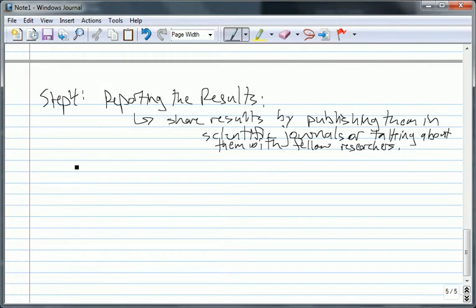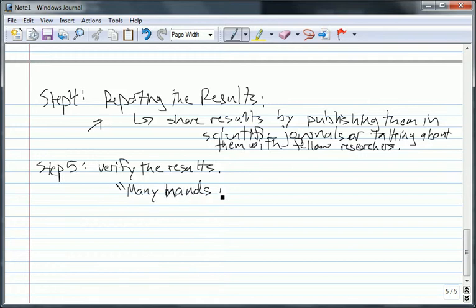So that's step 4. Step 5, one of the reasons we report the results is that we need to verify the results. We need to get a clarification as to whether they're actually right or not. If you've heard the phrase, many hands make light work, it's the same idea here.